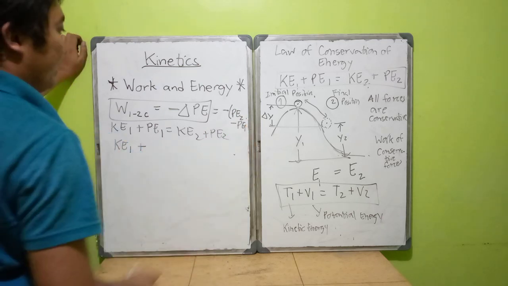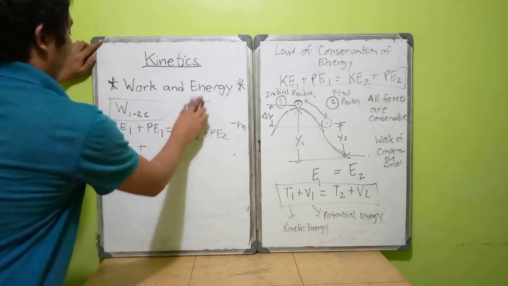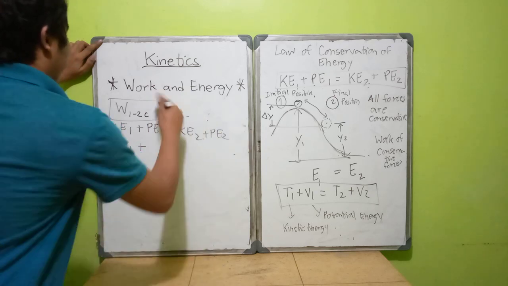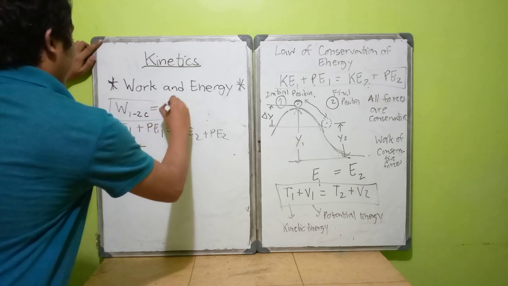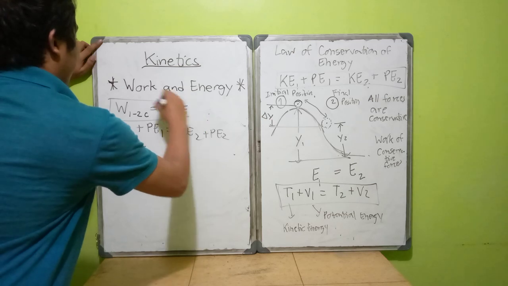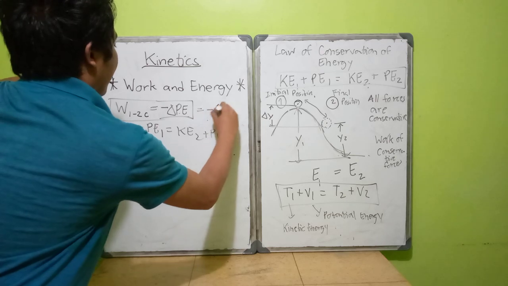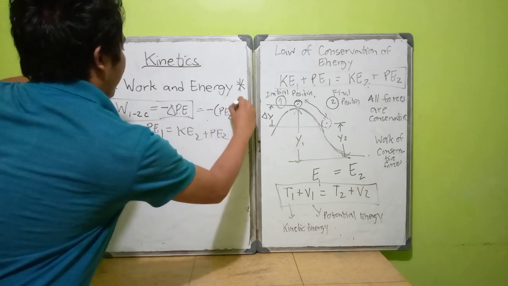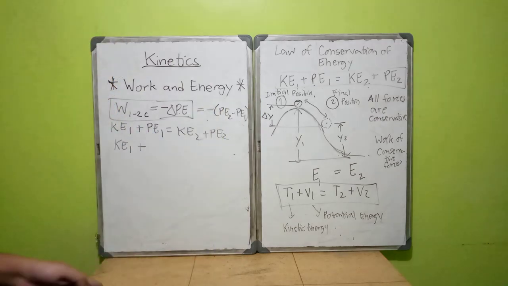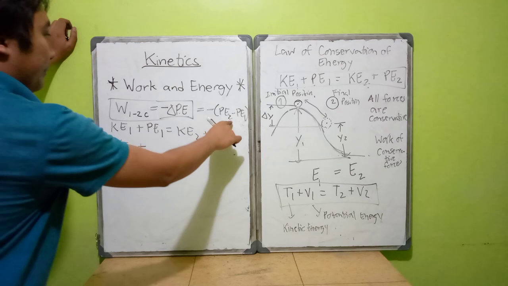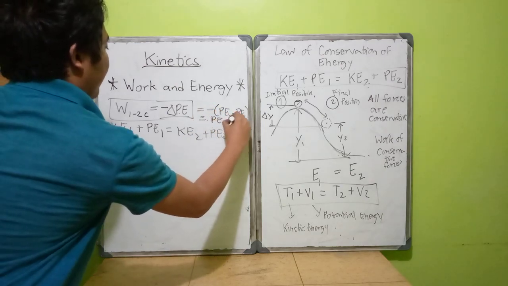I would like to clarify this. To conserve space, it's equivalent to the negative change in PE, or negative of PE2 minus PE1, which is also equivalent to PE1 minus PE2.